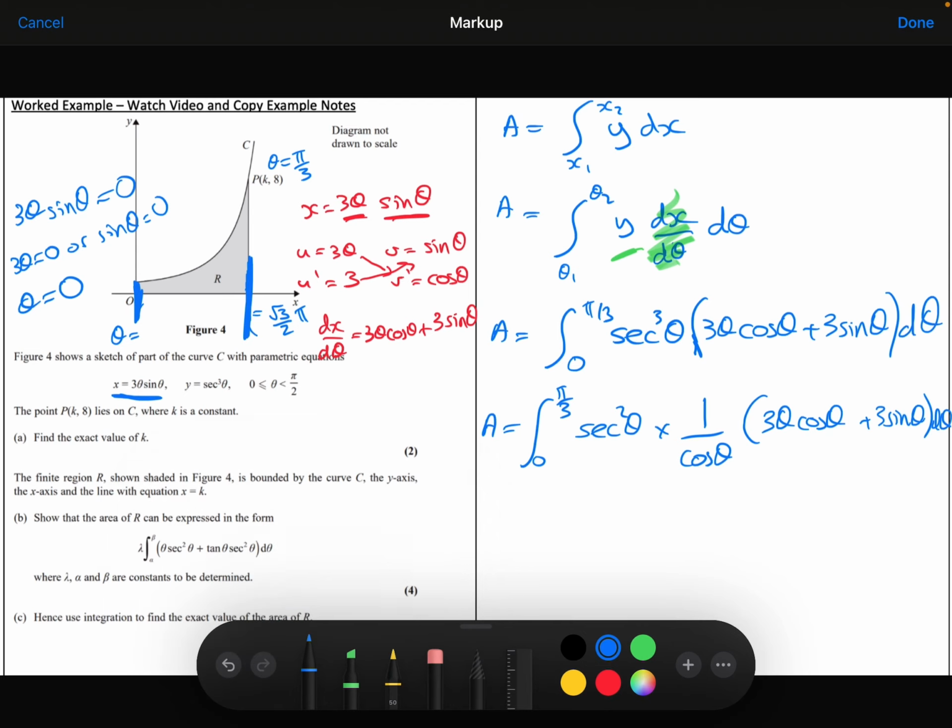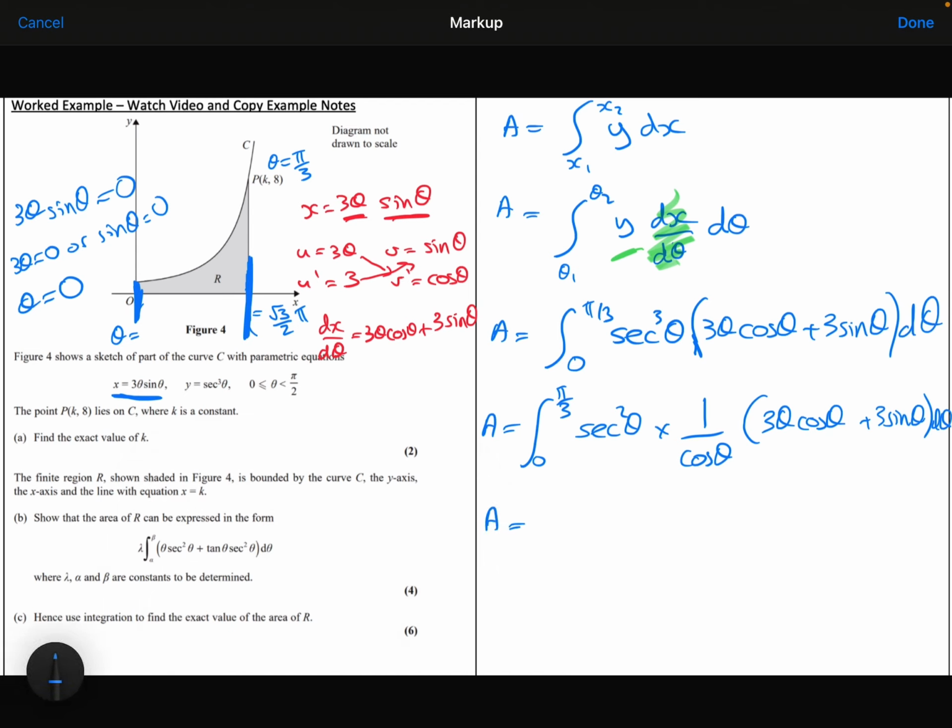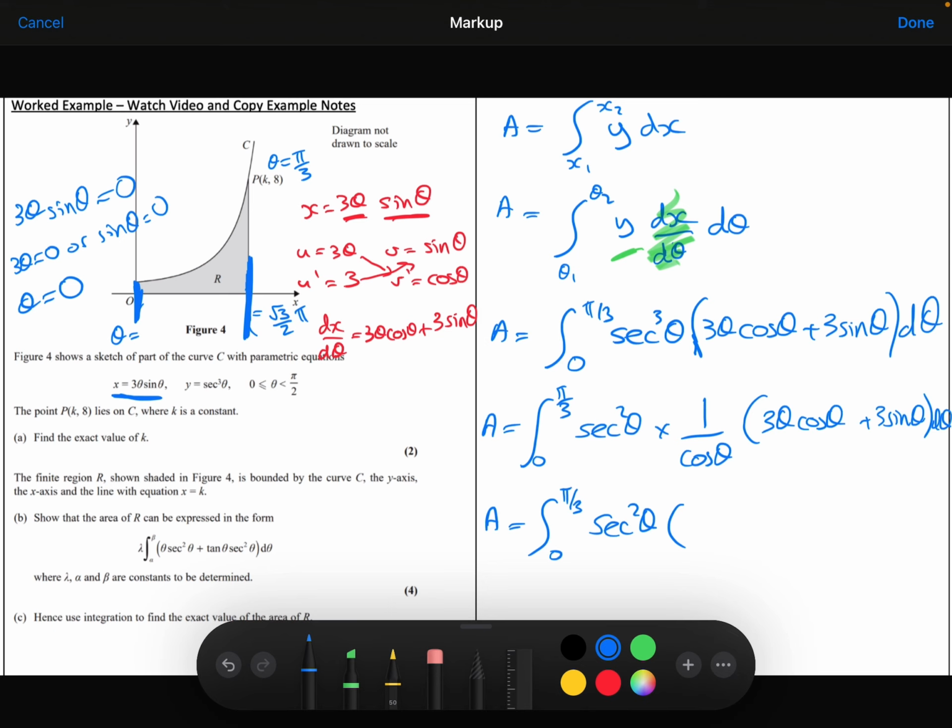And if I expand the brackets now, you can see why all of that was a good thing. So inside this bracket I've got 1 over cos theta times 3 theta cos theta. So these coses are going to cancel out and just leave me with the 3 theta. And then I've got the 1 over cos theta times the 3 sine theta, where the sine theta over cos theta would become 3 tan theta.